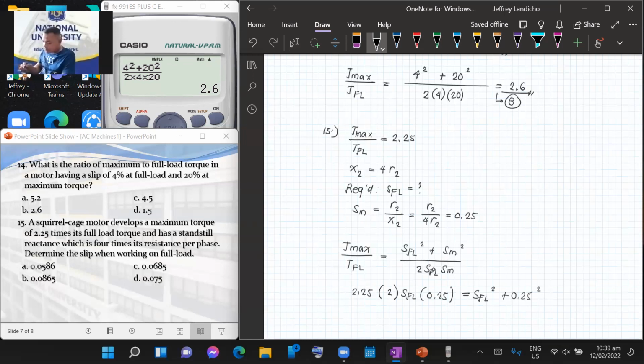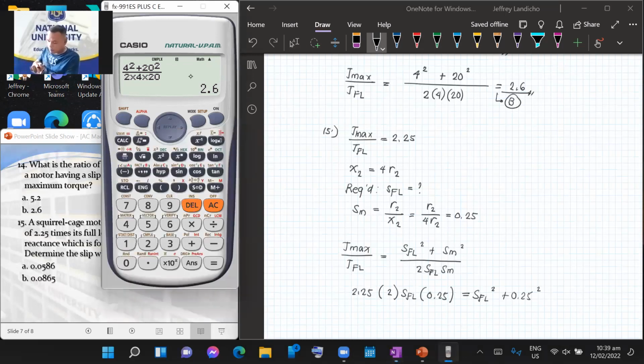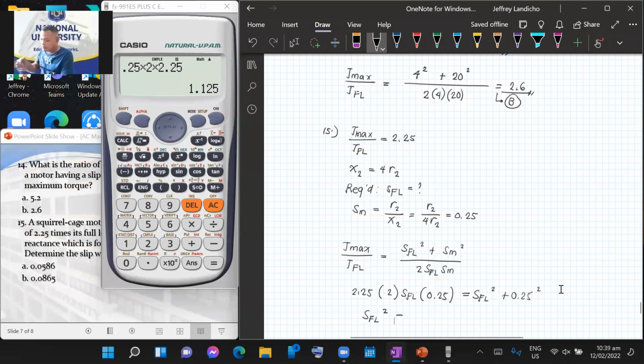So pag simplified natin kapatid, 0.25 times 2 times 2.25. So we have now S full load squared. Transpose natin ito, magiging minus 1.125 S full load plus 0.25 squared equal to 0.